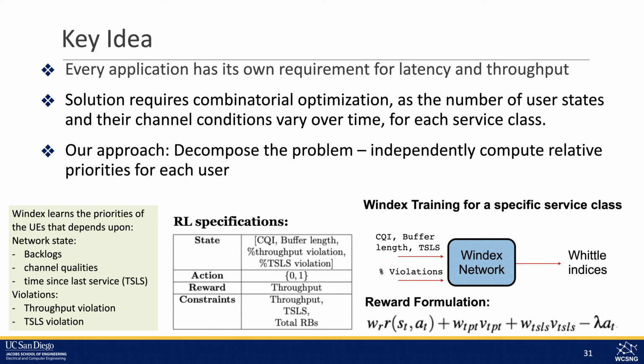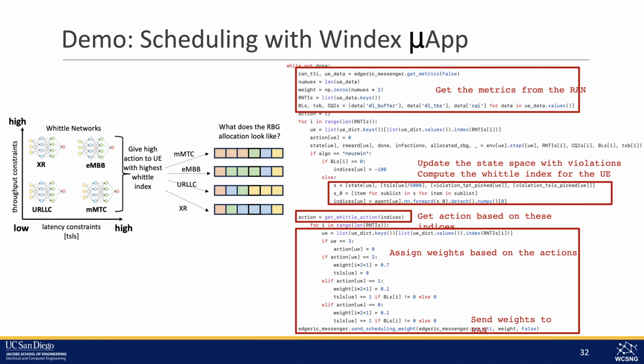Our action is basically 0 or 1, that is all the UEs with action 0 do not get scheduled. The UE with the highest index gets the action 1, that's the only UE that got scheduled for that particular TTI. So, we train Windex networks for each of these service classes to learn how to get the relative priority index for each of these UEs. So, we have a Windex network for each service class, which takes the network state and the percentage violations of their application requirement.